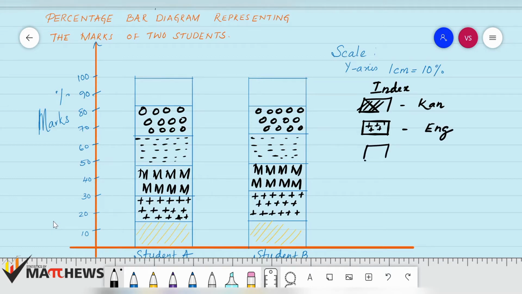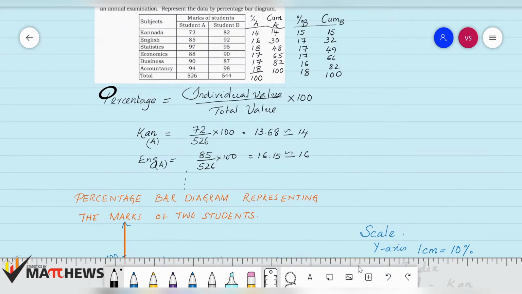And what does the letter M stand for? It may be Hindi. Then what do the dotted lines represent? Mathematics. Is it right? That's what is given to us, right? Oh, sorry.